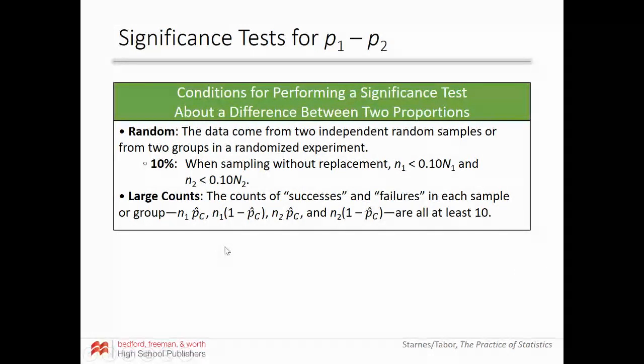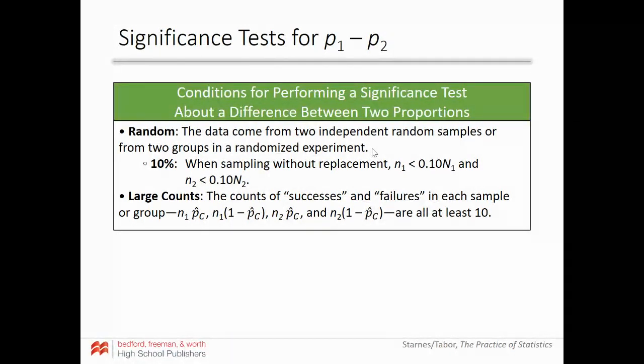If it was an experiment, they might say two groups in a randomized experiment, because an experiment doesn't necessarily have samples per se, but the randomization comes from which group they go into. The 10% condition is needed when we're sampling without replacement. So N1 is less than 10% of N1, and N2 is less than 10% of N2.